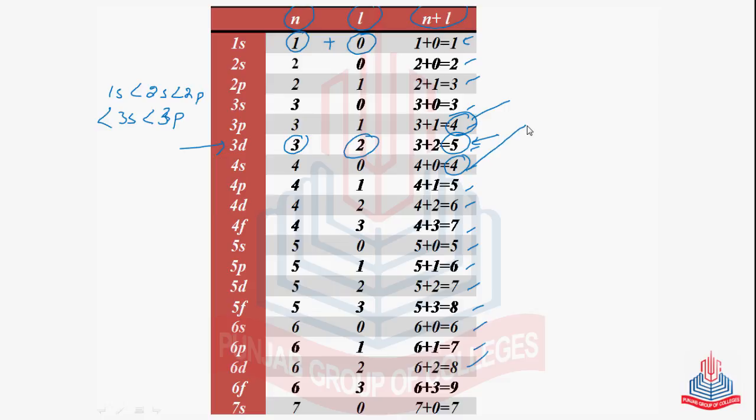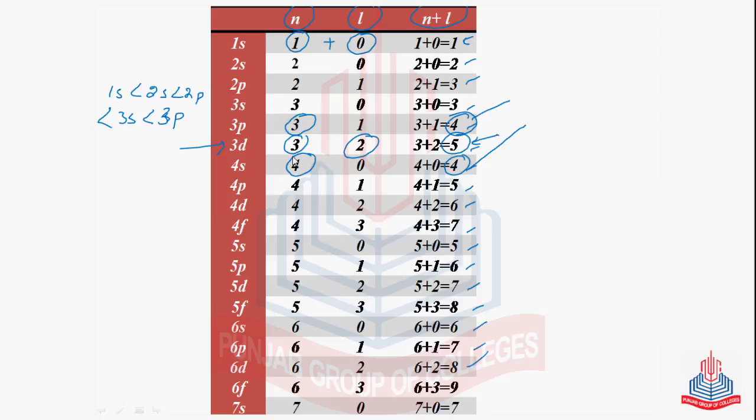अगर n plus L रूल के अकॉर्डिंग हमारे पास एक ही आंसर आ रहा हो, then the electron will enter into that orbital which has the lower value of n. अब हम देखेंगे कि principal quantum number की value कहाँ छोटी है. Here it is 3 and here it is 4.